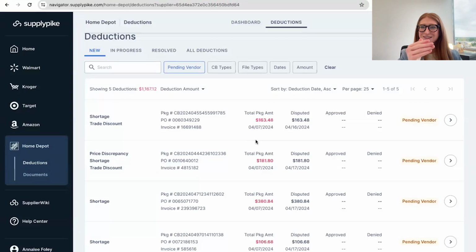Generally speaking, we've seen the turnaround time recently be about a week, two weeks. Compared to other retailers, Home Depot is relatively fast, which is exciting, getting those dollars back sooner, hopefully, right? So let's say after about a week, Home Depot makes a decision, they approve your dispute package, you get that money back. It is now in the approved status.